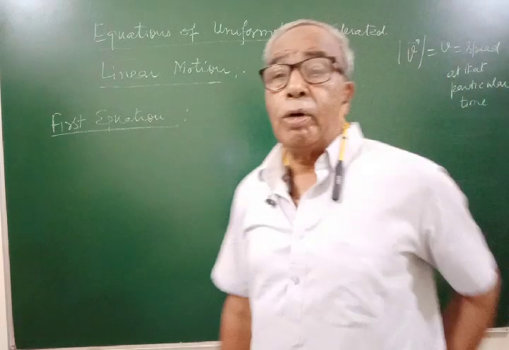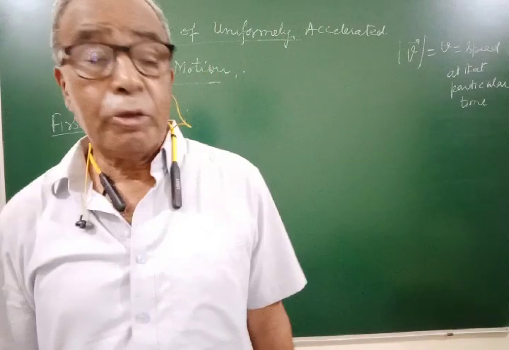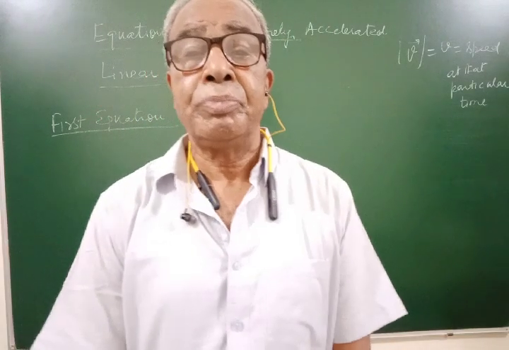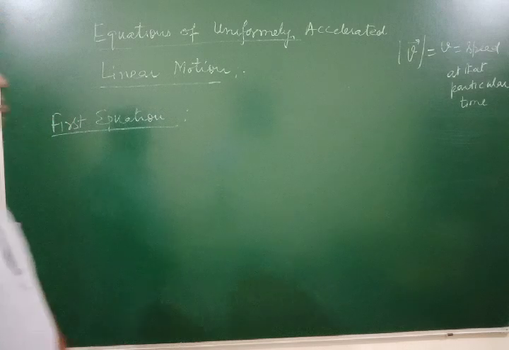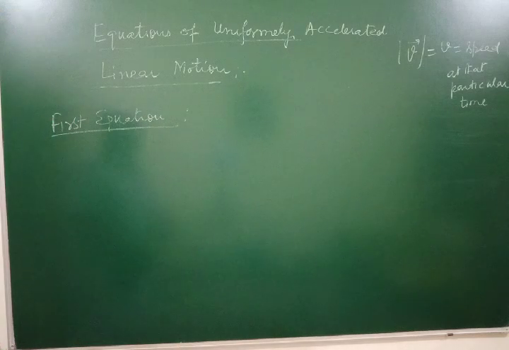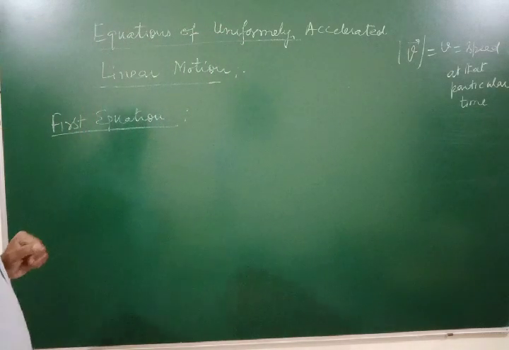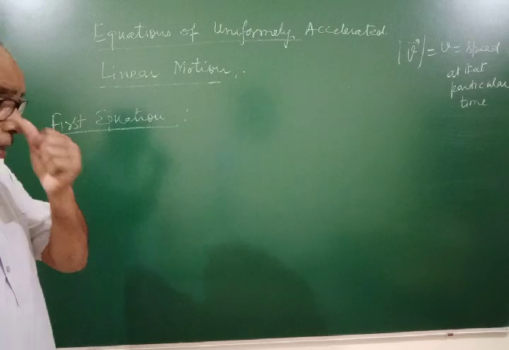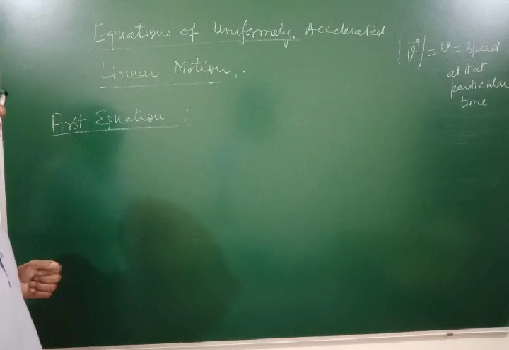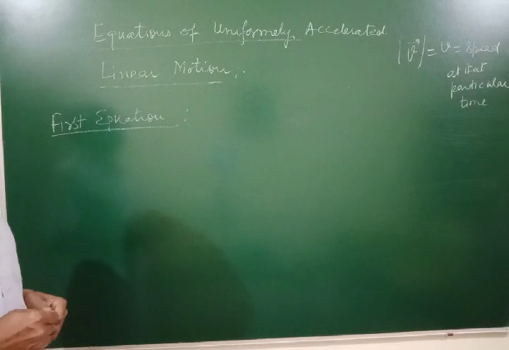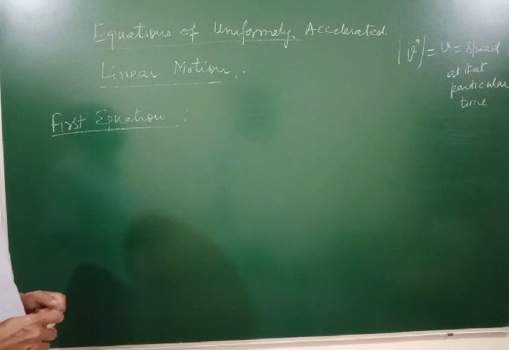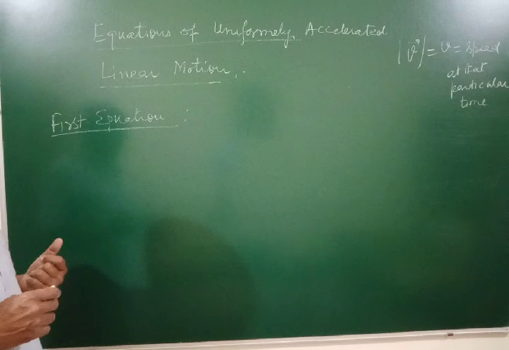Velocity, the magnitude of instantaneous velocity, is speed. Here, while deriving the equation, I will take only magnitude, although these equations are true for the vector form of velocity.